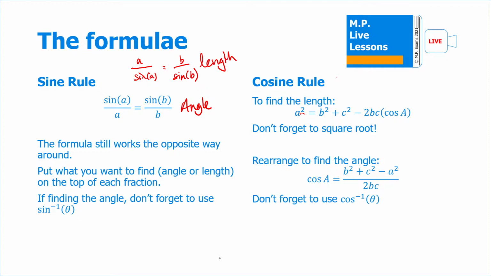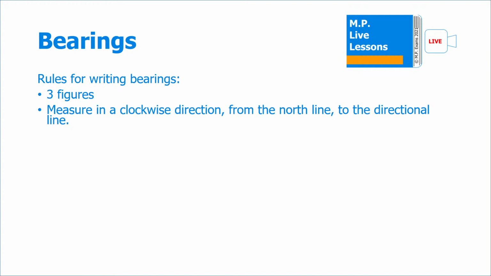One of the last few topics on geometry for higher tier is bearings. The rules for writing bearings are that they're always written in 3 figures. They're measured in a clockwise direction, so starting from the north line, and then you rotate clockwise, like a protractor, to the line you're going in a direction.